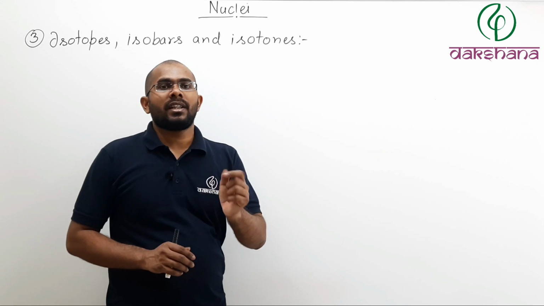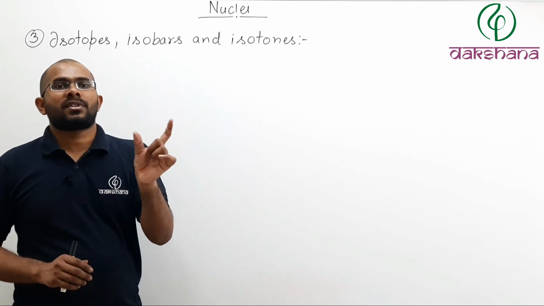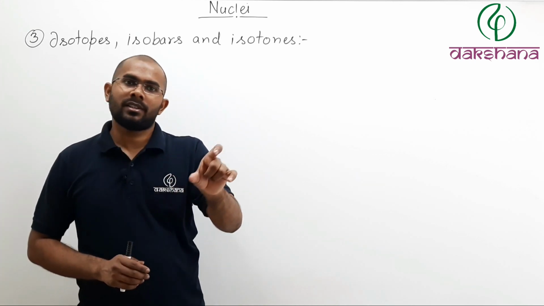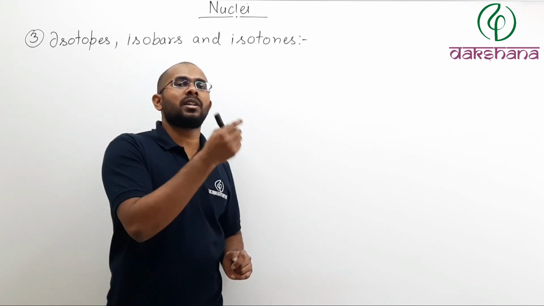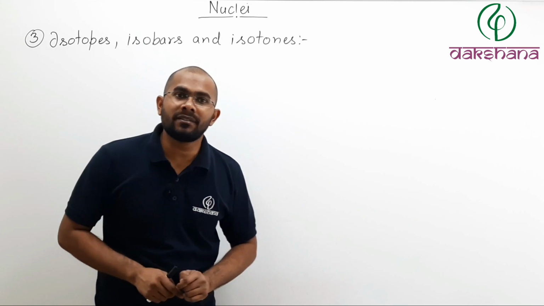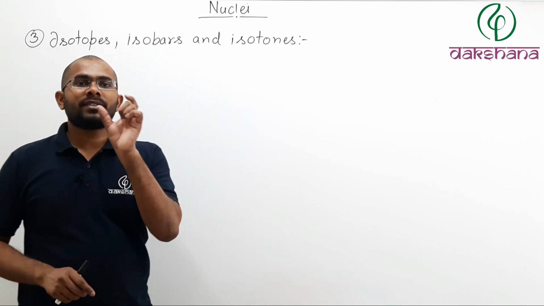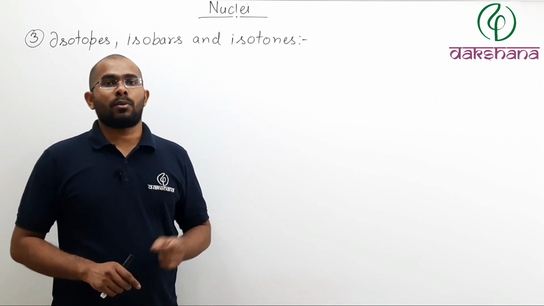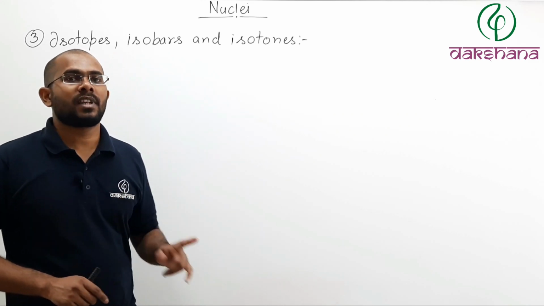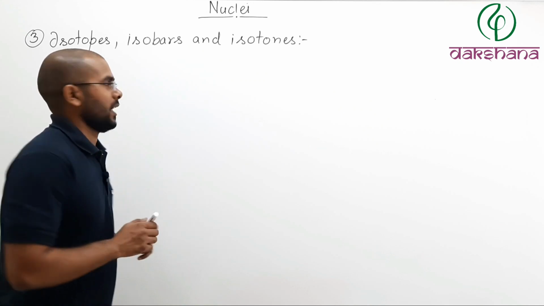So if two atoms of same element differ in the number of neutrons they have, that type of atoms are called isotopes. Isotopes of same element.